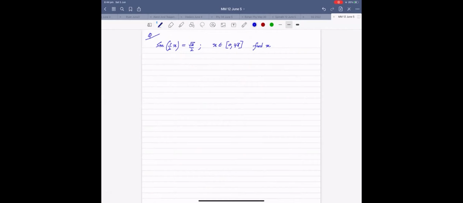Is it 2 pi over 3 and 4 pi over 3? No. 2 pi over 3. 2 pi over 3 and 4 pi over 3.